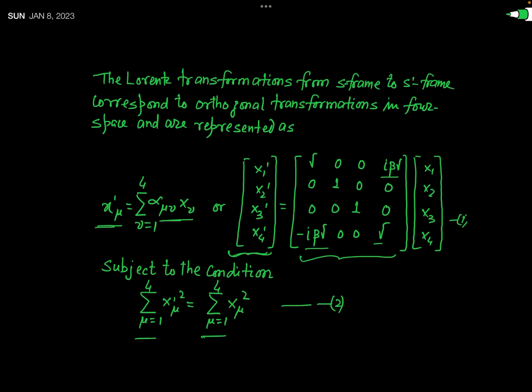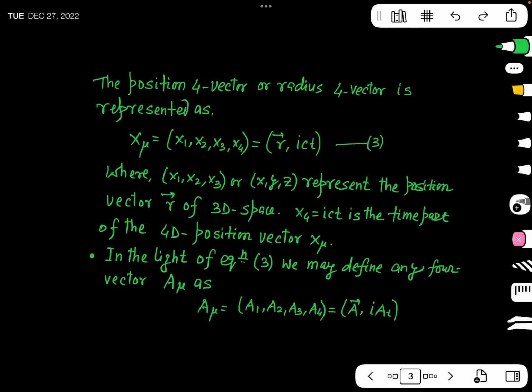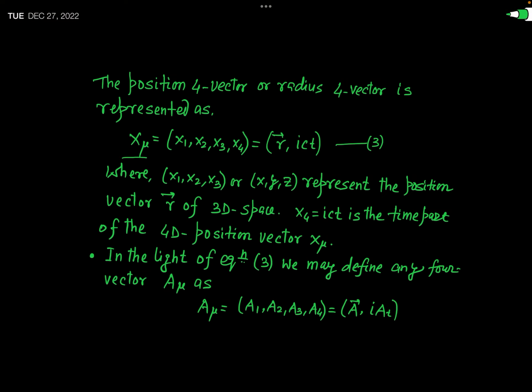Now, as you know, the 4 position vector, or the 4 radius vector, denoted by the symbol x mu, is defined as x1, x2, x3, x4. These x1, x2, x3 are the components of this 4 vector x mu in 3-dimensional space, and so they simply represent the position vector r in 3D space.